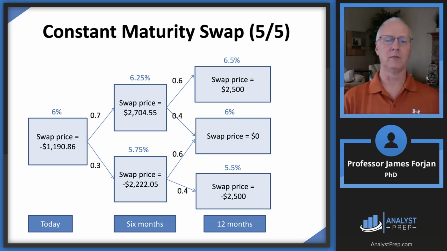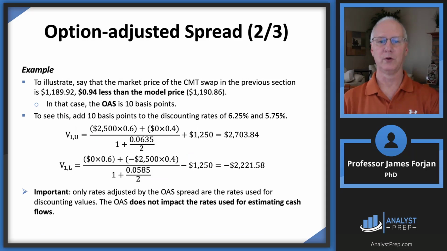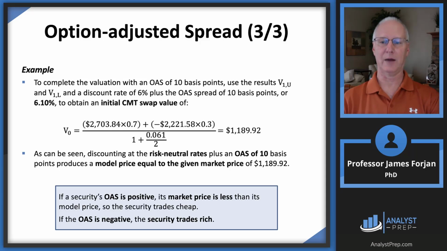Well, we might, but we may use this term structure to compute what's known as the option adjusted spread so that we get the 1189. Notice what happens. Discounting at the risk neutral rates plus the option adjusted spread is going to give us the model equal to the market price of 1189.92.